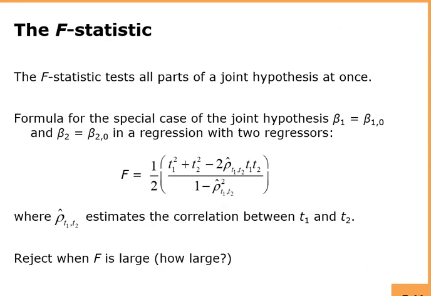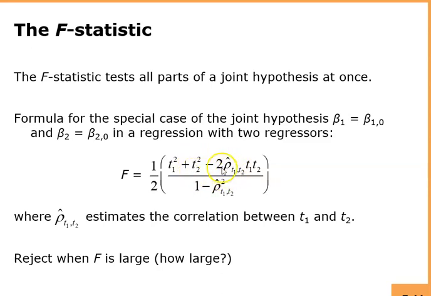So how do we calculate the F-stat for the joint hypothesis testing? The formula for the F-stat is over here, as follows. So T1 is the T-stat calculated for the hypothesis test that beta 1 is equal to 0. T2 is the T-stat calculated from the hypothesis test that beta 2 is equal to 0.